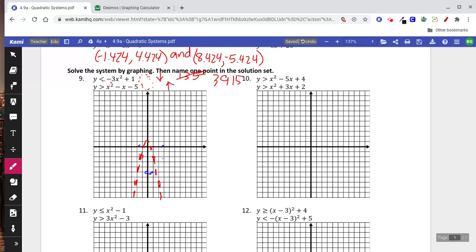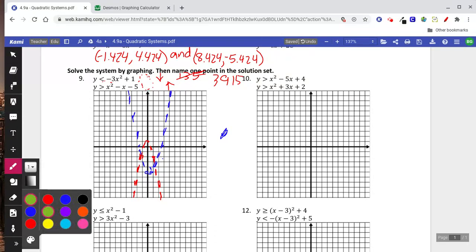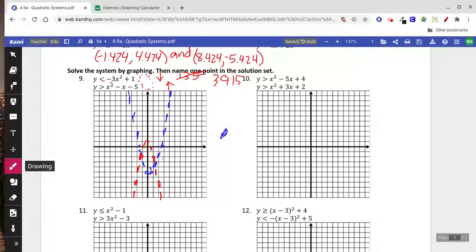So let's draw a dotted parabola. And shade the region we're supposed to. So that region, again, this is going to be hard to do because it's so small, but do your best to color inside that region right there.